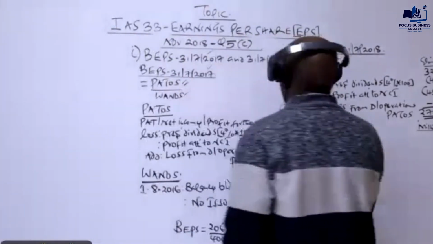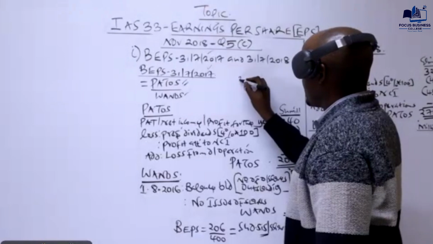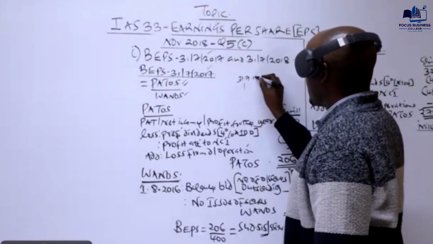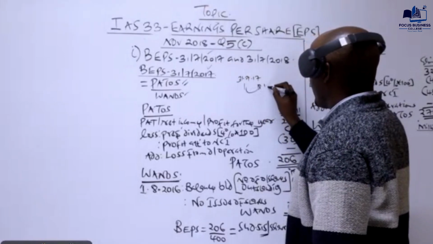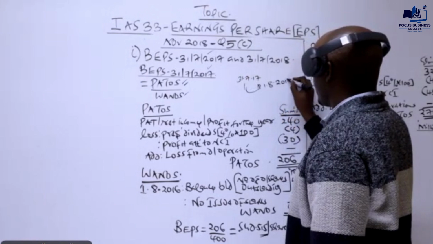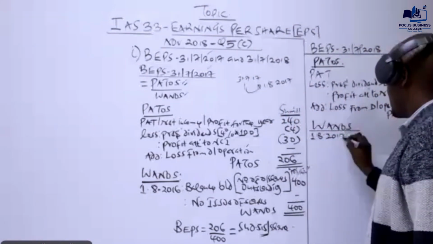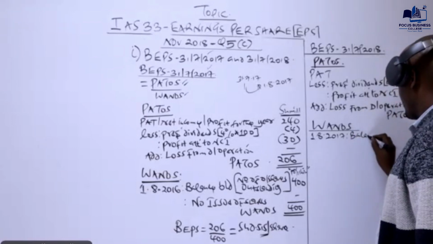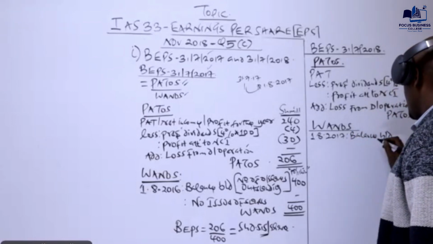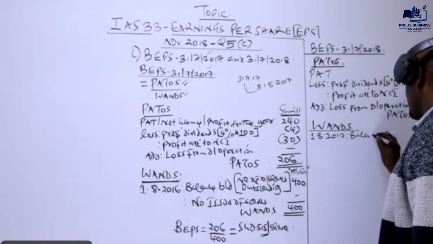So the second year, remember the first year ended 31st July 2017. So the second year started 1st of August 2017. We start by determining how many ordinary shares had been issued and fully paid at the start of the year.